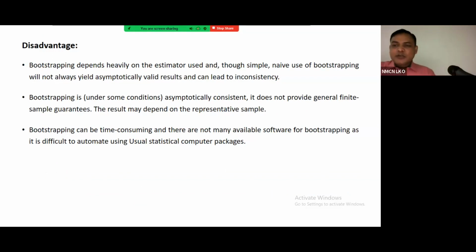It does not provide general finite sample guarantees. The result may depend on the representative samples. The bootstrapping can be time consuming, and there is not much available software for bootstrapping, as it is difficult to automate using usual statistical computer packages.